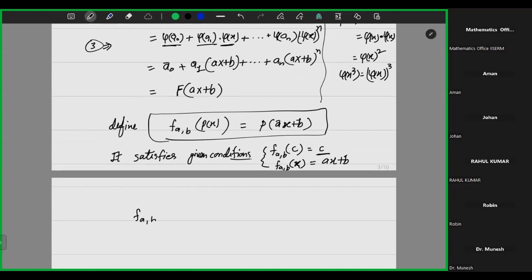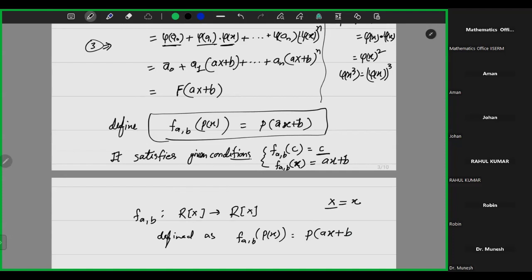F_AB from R[x] to R[x] defined by this. Wherever you see x like this, I'm writing somewhere x like this and somewhere like this, so they are the same.